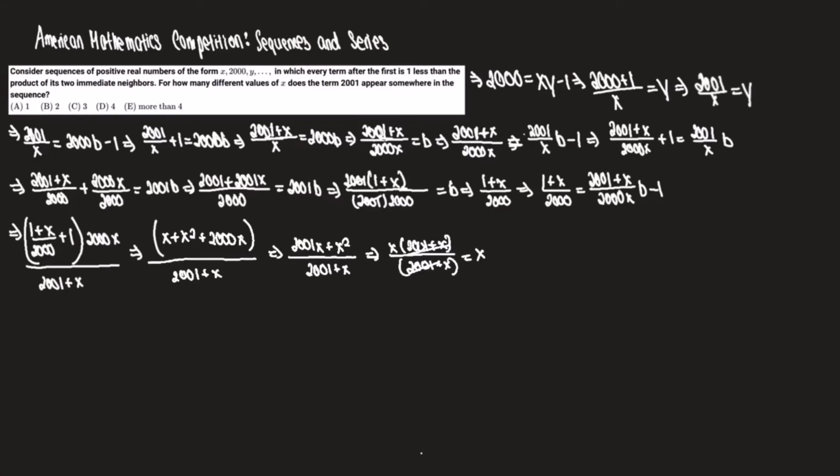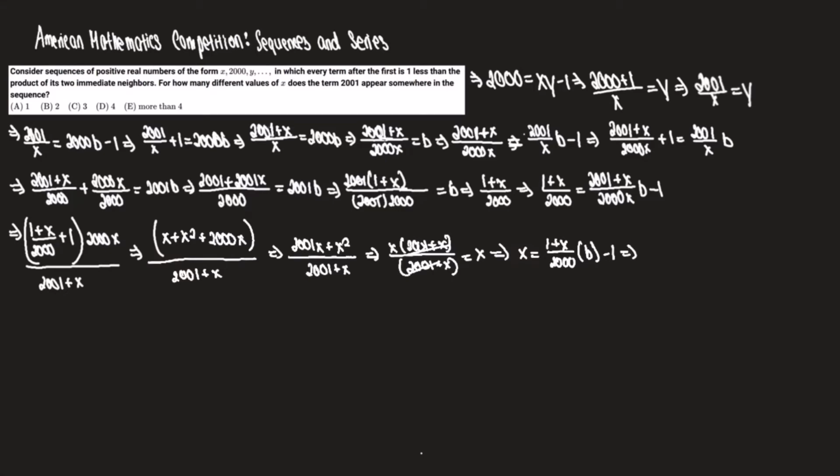Now, if we continue, we're going to get x equals the preceding term. Where is the preceding term? x equals 1 plus x over 2000 times b minus 1.